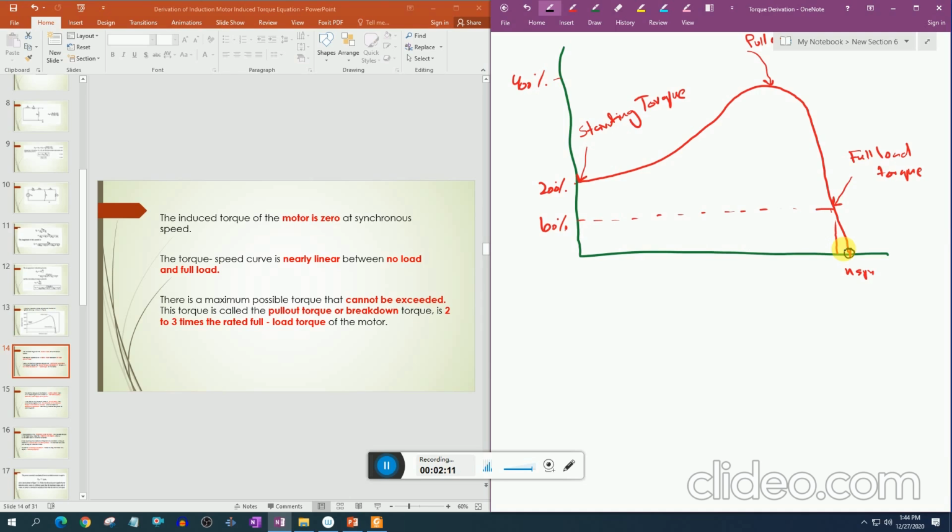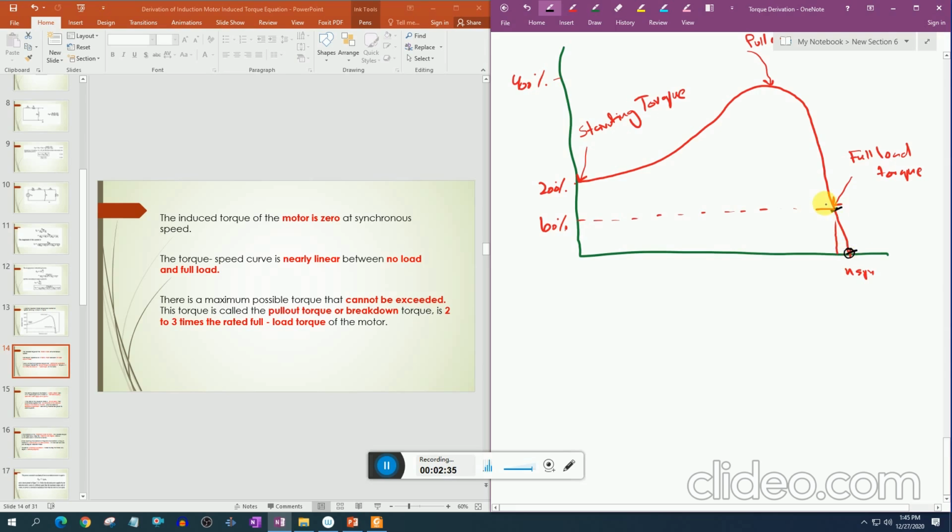The second point: the torque speed curve is nearly linear between no load and full load. This is no load, when it is moving approximately at the synchronous speed, and up to full load the torque is approximately linear.